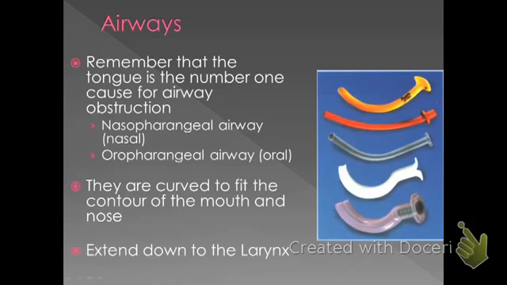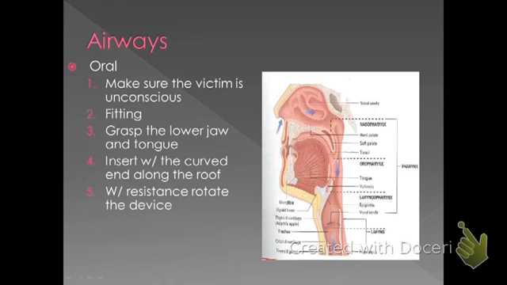These airways are designed to extend down to the larynx, right? The larynx becomes the conduit through which air moves from the trachea into the alveolar sacs. So these airways play a crucial role in removing the tongue from the back of the airway, or another way said, decreasing an airway obstruction and allowing us to artificially ventilate without any obstruction.